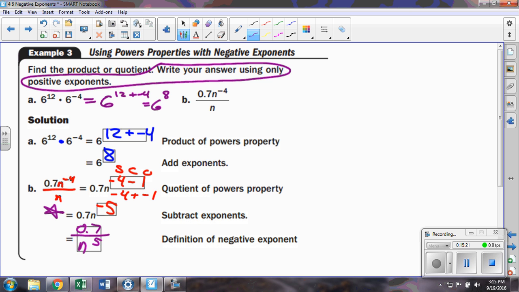For this b, you could write it up as 0.7 n to the negative 4 subtract 1, which is 0.7 n to the negative 5, which is 0.7 over n to the 5th. Your practice in class and your practice with the homework should look like that, showing all the steps, not just an answer at the end.